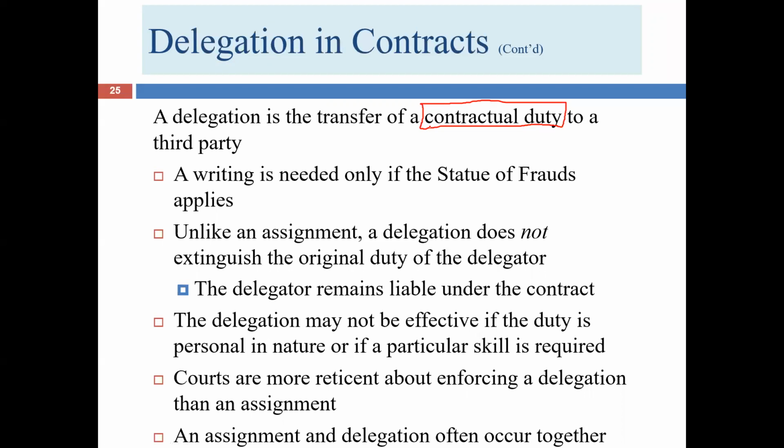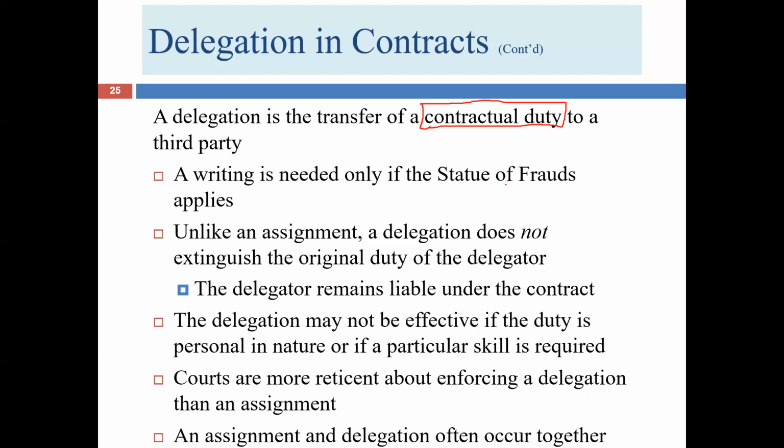Not because it's a delegation, but because any transaction involving real property has to be in writing. So you have to look to the substance of the delegation to know whether it has to be in writing or not. Again, just a little refresher, even if it doesn't have to be in writing, it's still a really good idea to reduce it into writing.